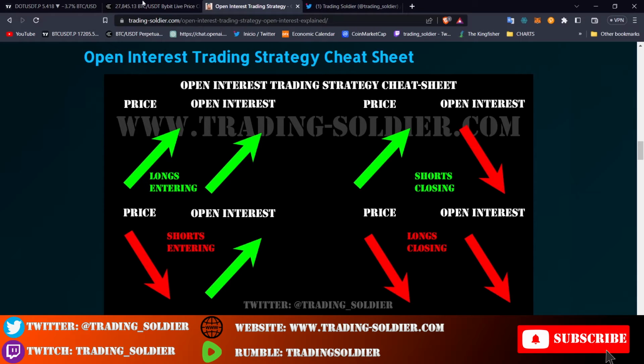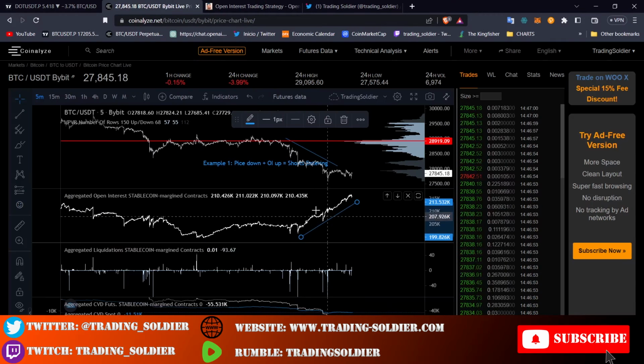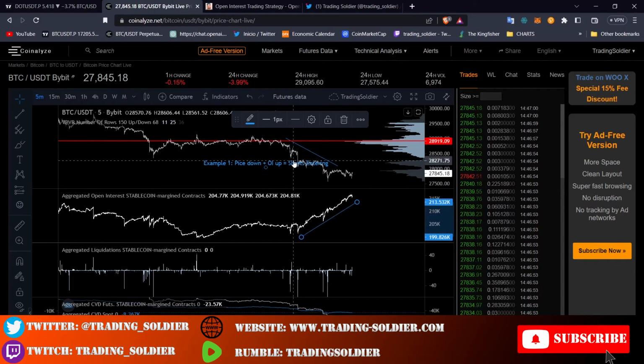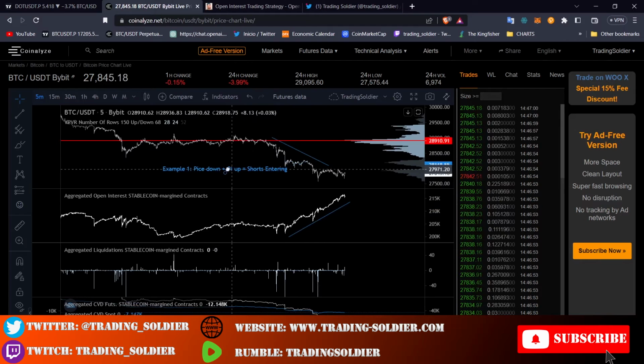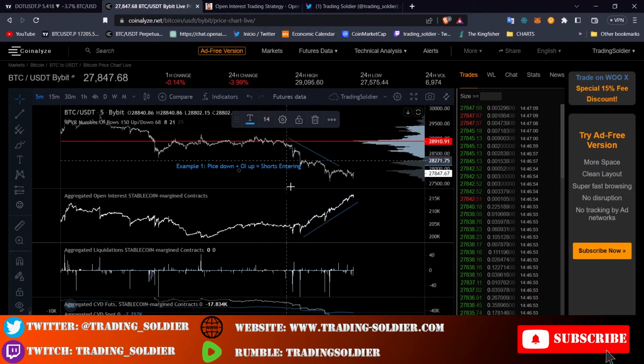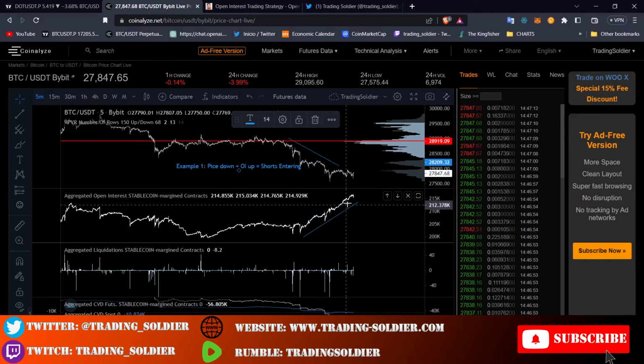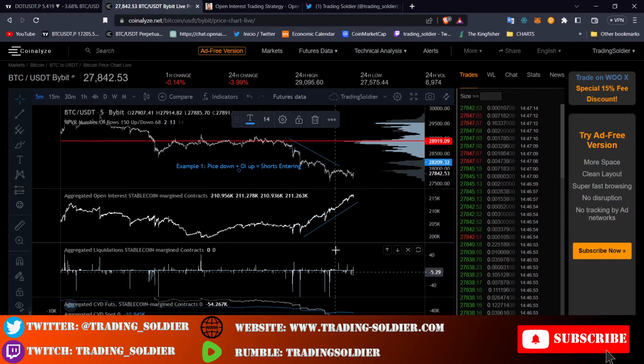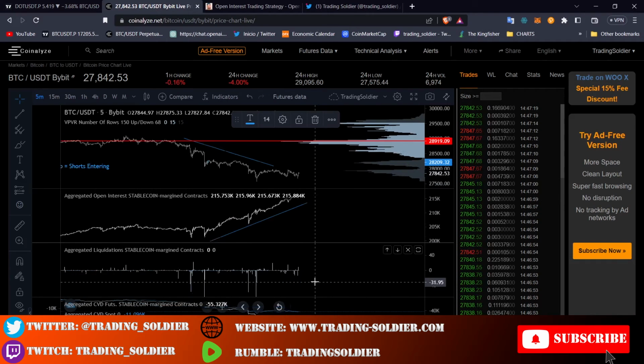entering the market. So for confirmation, we can see here that effectively the traders are increasing their positions, are selling their contracts, and as you see here, only longs are getting liquidated.